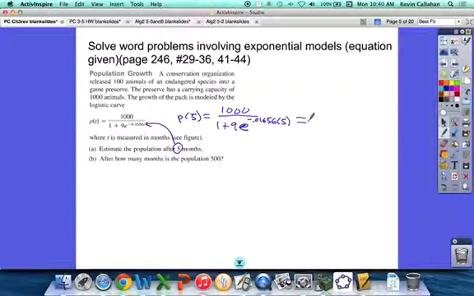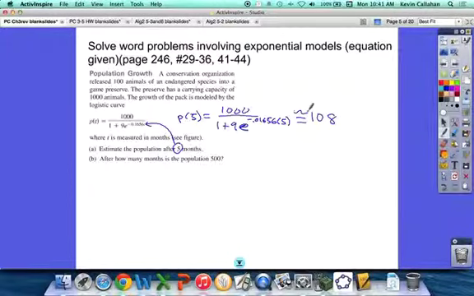One plus 9 times e to the negative 0.01656 times 5 gives 107.7. I'll round it off to 108, approximately. Okay.